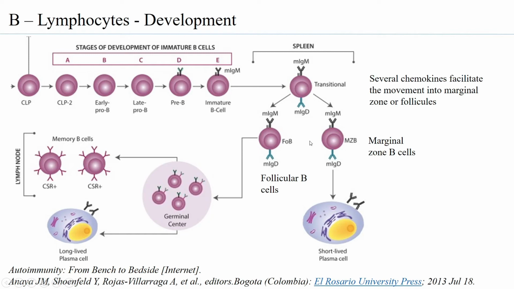Now these subsets further move on to get differentiated. The marginal zone B cells get differentiated into a larger cell, which is called the plasma cell, but marginal zone B cells give rise to a short-lived plasma cell.